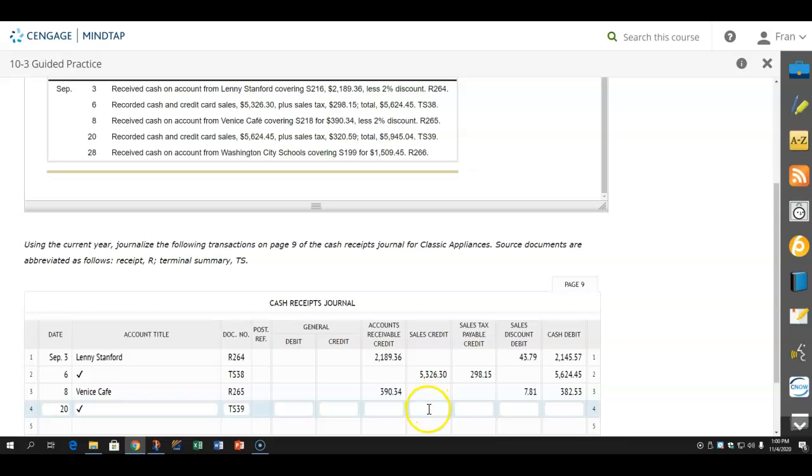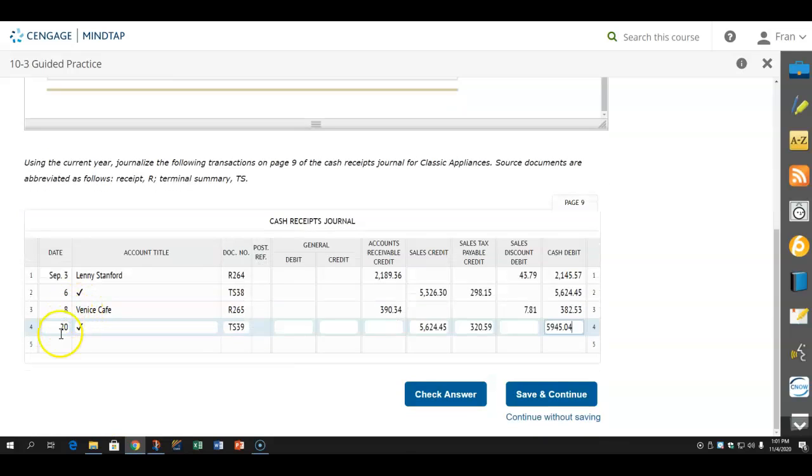Why am I not typing into there? I don't know. Let's try it again. 5,624.45. Okay, our sales tax payable, it tells us right here, is $320.59. Okay, and our total amount deposited, which will be the total of our sales and our sales tax, it already did the math for us. It tells us it's $5,945.04 right there.